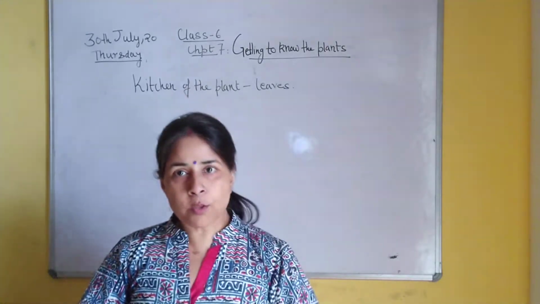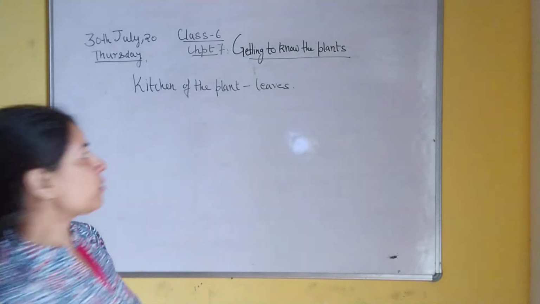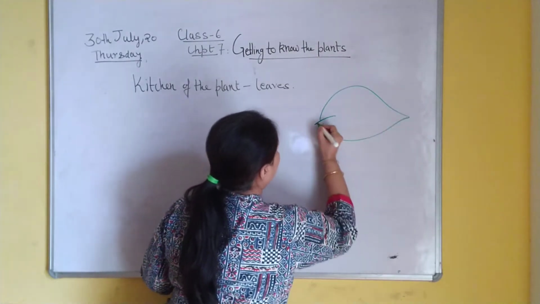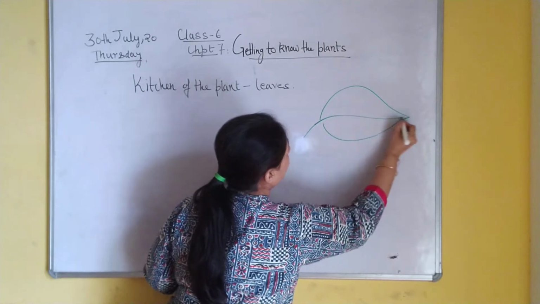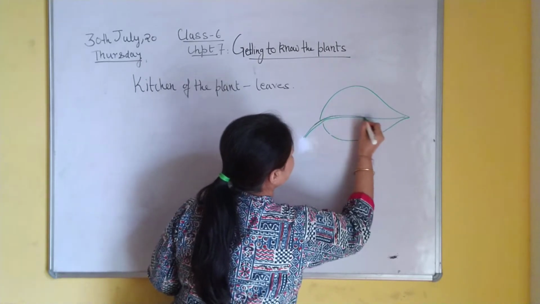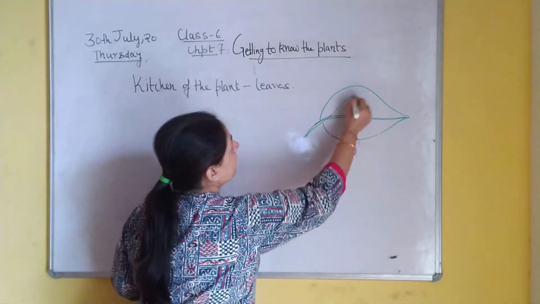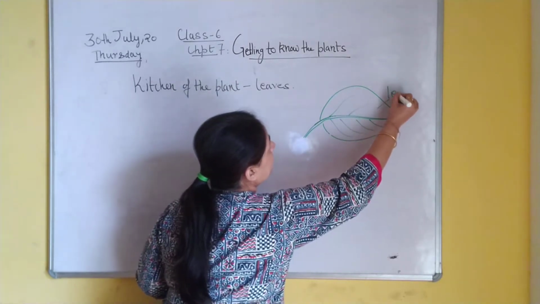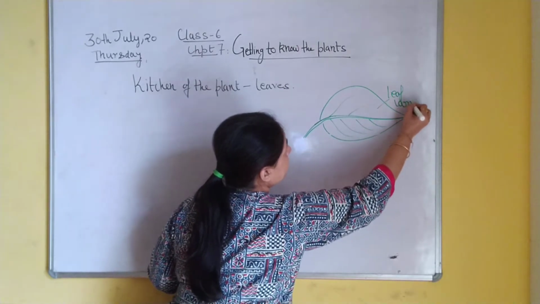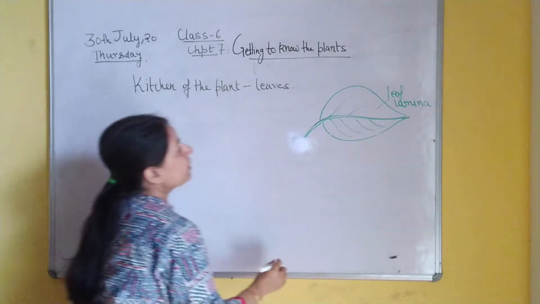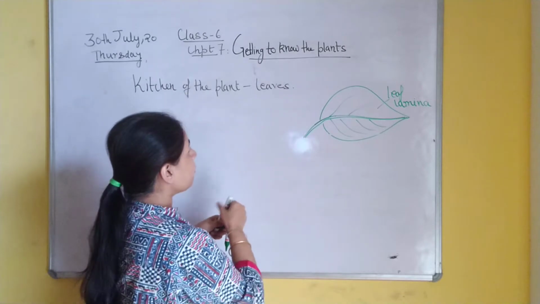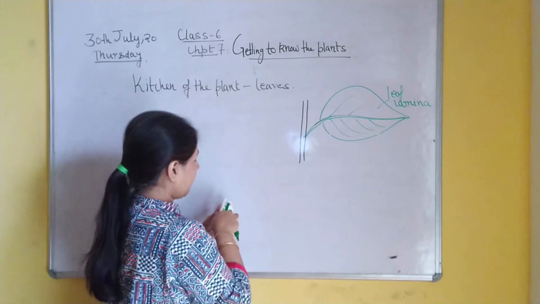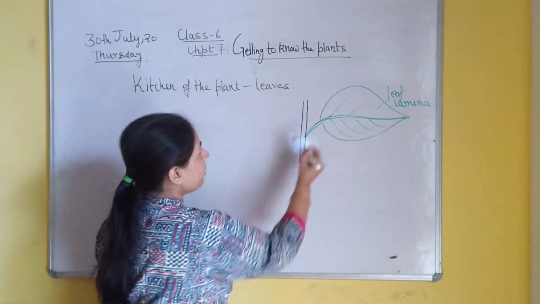As you all know, leaves are the green parts of the plant, and in the leaf we had talked about the structure of the leaf. The main body of the leaf is the leaf lamina. This is the broadest part of the leaf. The part by which it is attached to the stem or the branch is known as the petiole.